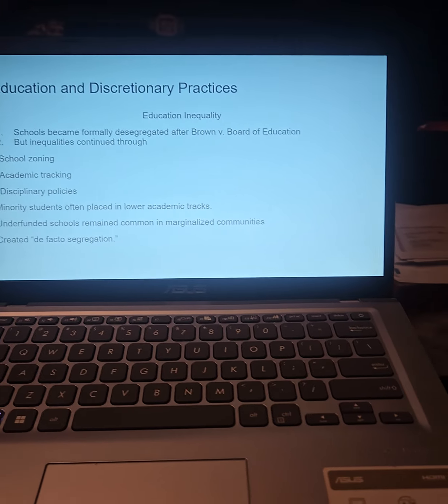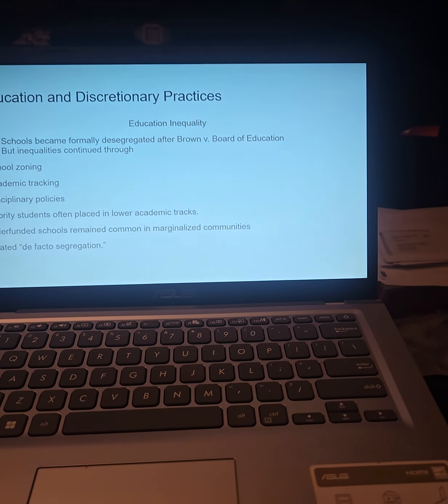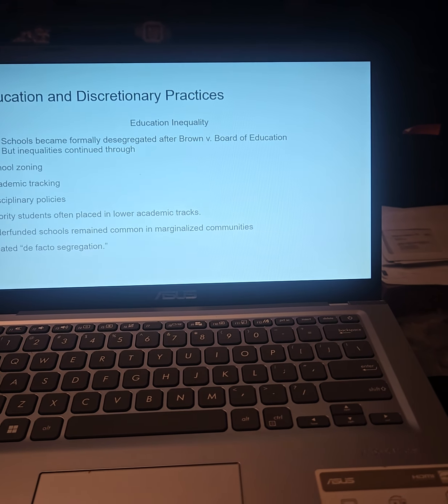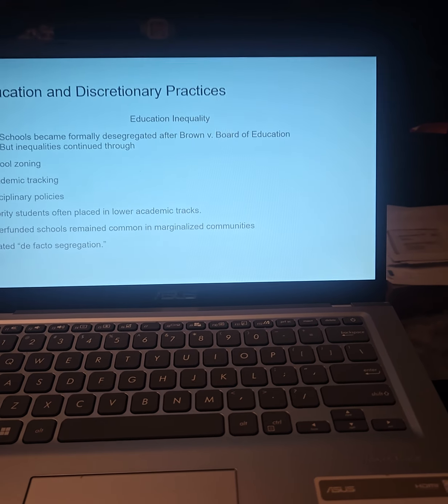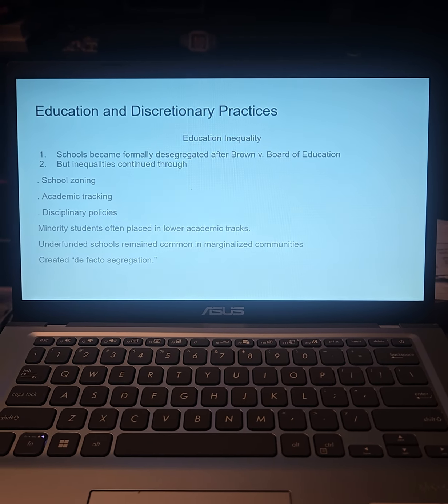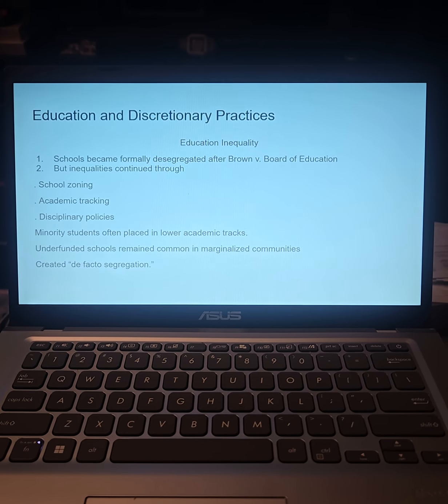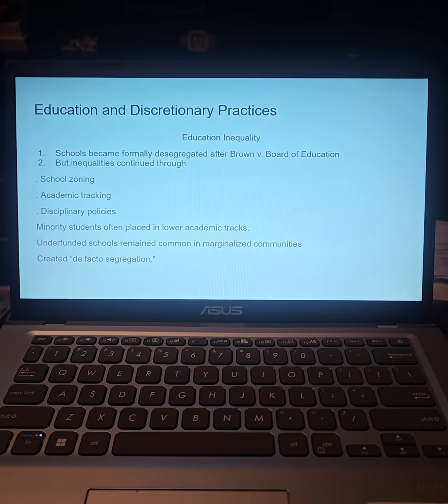Academic tracking, for example, what that means is they'll look into how many people dropped out of school and how many people actually graduated, and then they use that as an excuse to underfund or push certain policies to discriminate as well.